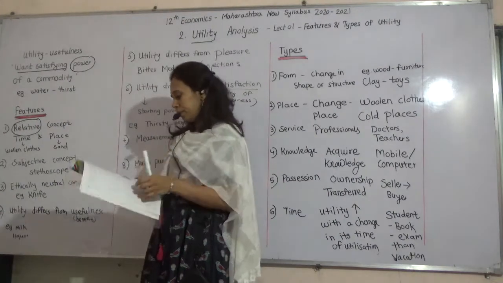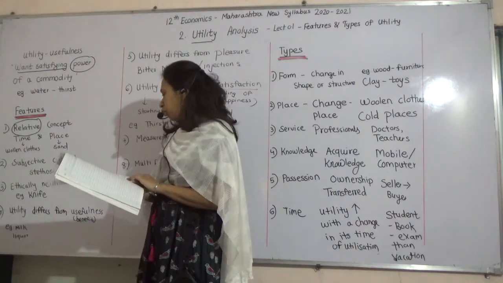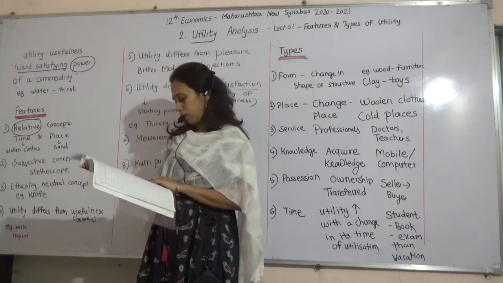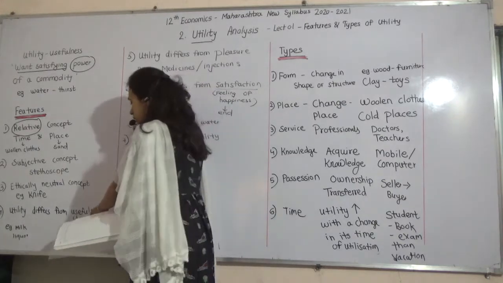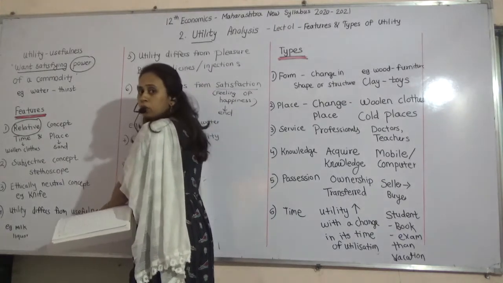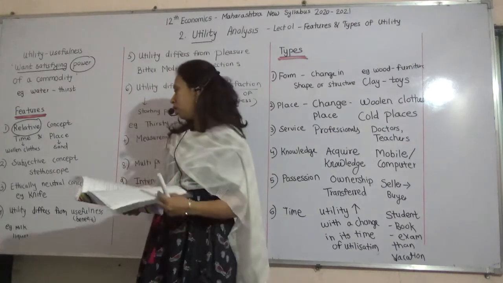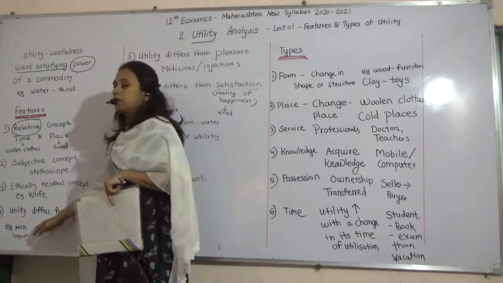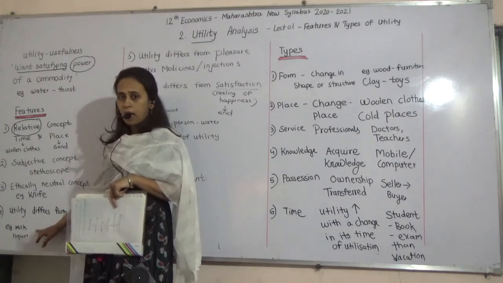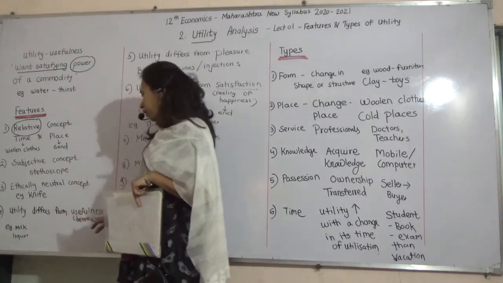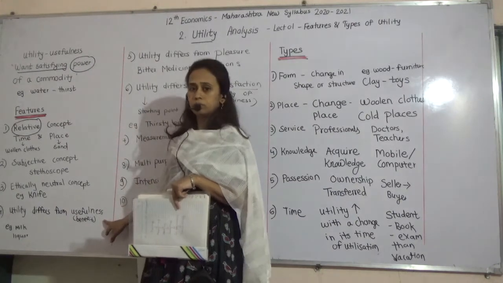Now how? See, utility is want satisfying power, and usefulness is what? Whatever benefit you derive from a particular commodity. For example, you can take milk. Milk has utility and milk is useful also.